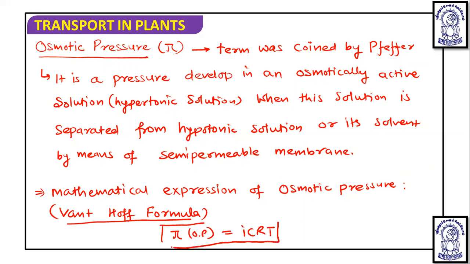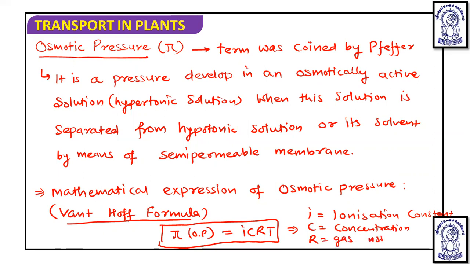That is the formula of osmotic pressure. In this formula, i is the ionization constant, C is concentration, R is the gas constant, which is 0.082, and T is absolute temperature. So all these things are there.